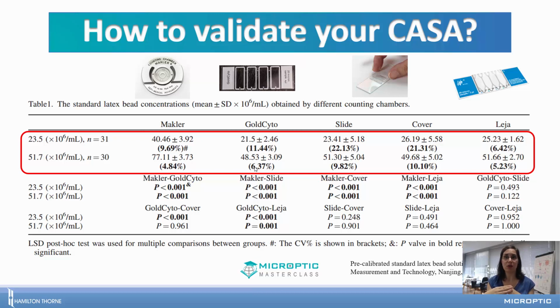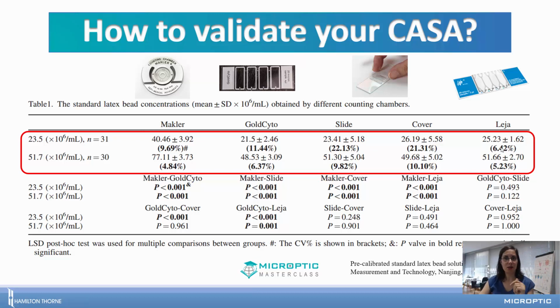But it's also important to keep in mind not only the average result concerning concentration, but also the variability between measurements. So as you can see here, for instance, when you are using slides or cover slips, the variation between measurements is twice or 3 times that obtained with capillarity slides.